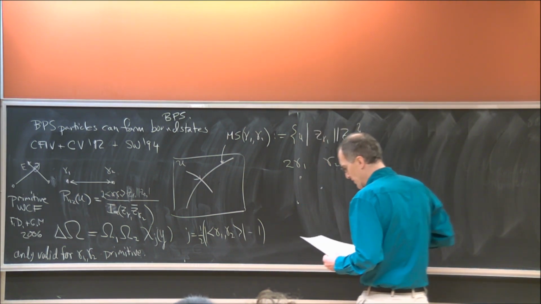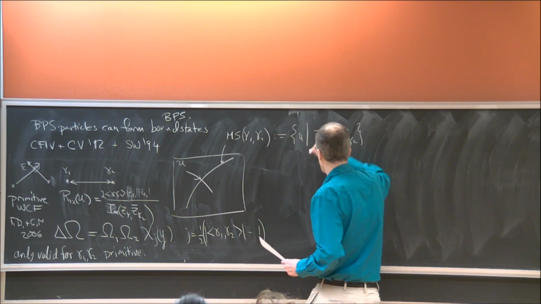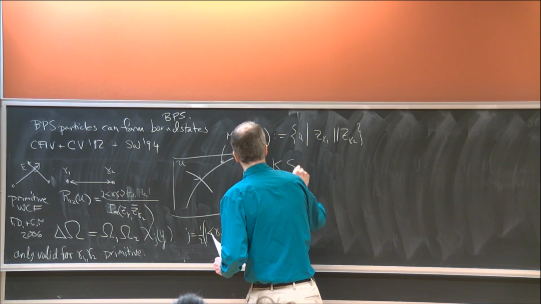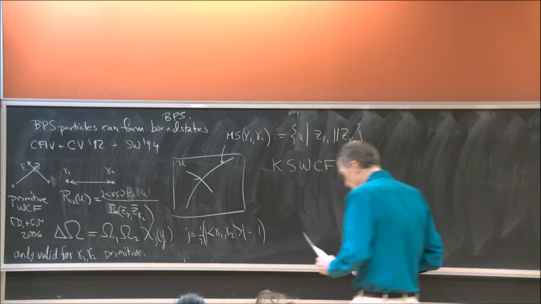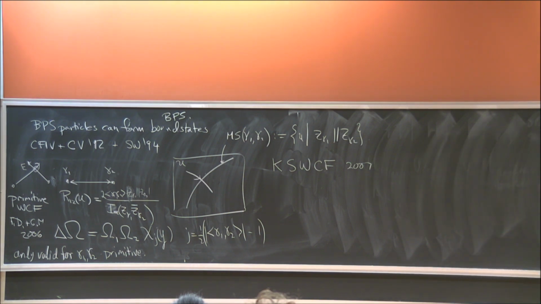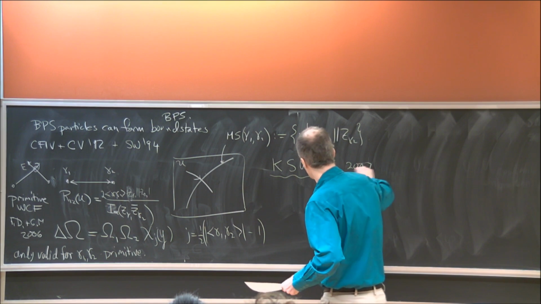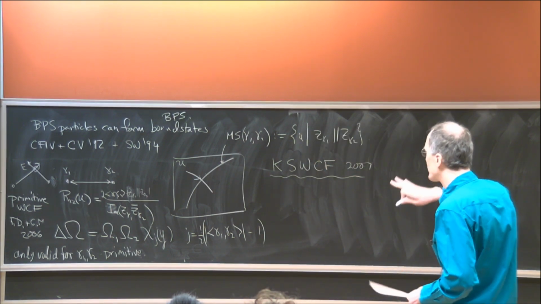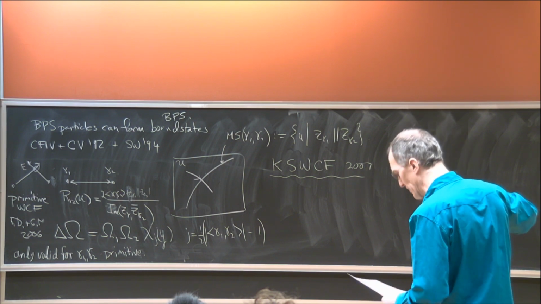And for general charges, which are not necessarily primitive, you need a much more complicated formula called the Kontsevich-Soibelman wall-crossing formula, 2007. And I'm going to give a physical derivation of this Kontsevich-Soibelman wall-crossing formula. So if I tried to explain what it is as a mathematical statement, you'd all fall asleep pretty fast.